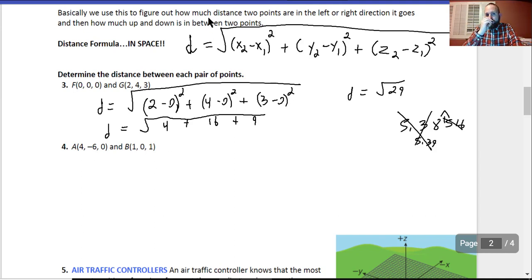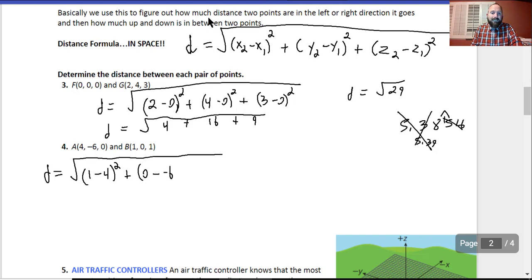All right, so let's go on. So let me set this up for you, and I want you to finish it. This distance will equal the square root of, now it doesn't matter which one's first. We could put the 1 first or the 4 first. Now if I do the 1 first, I'm going to see the following happen.